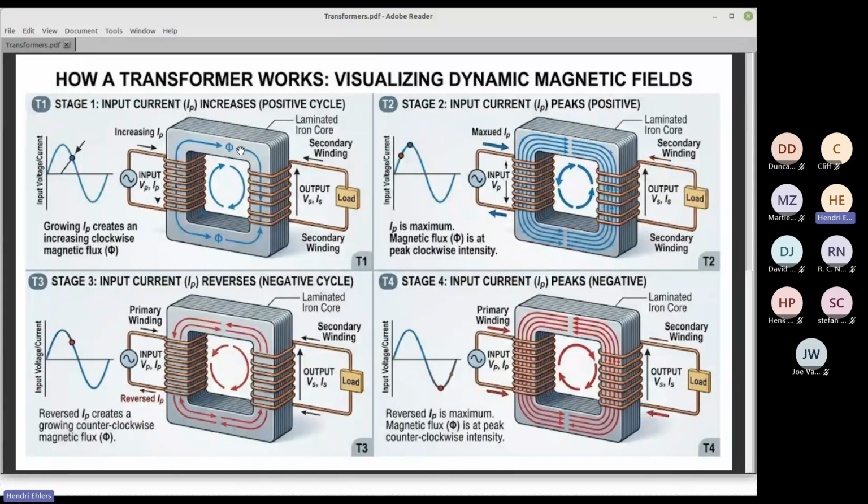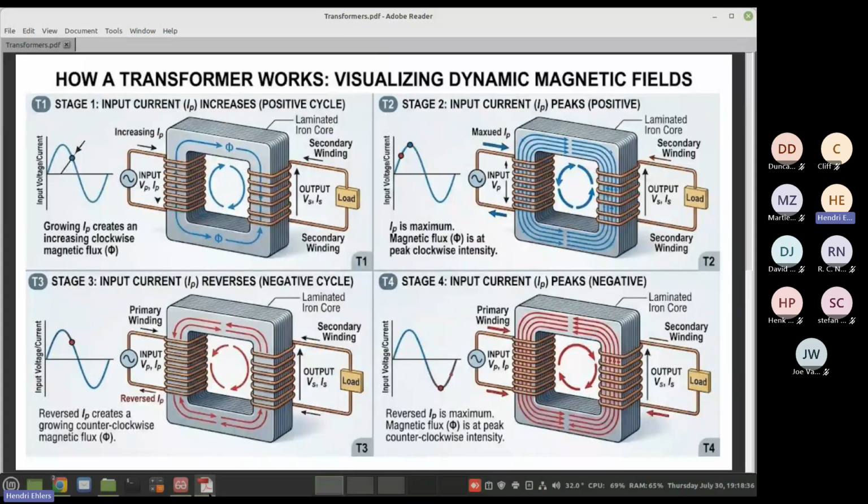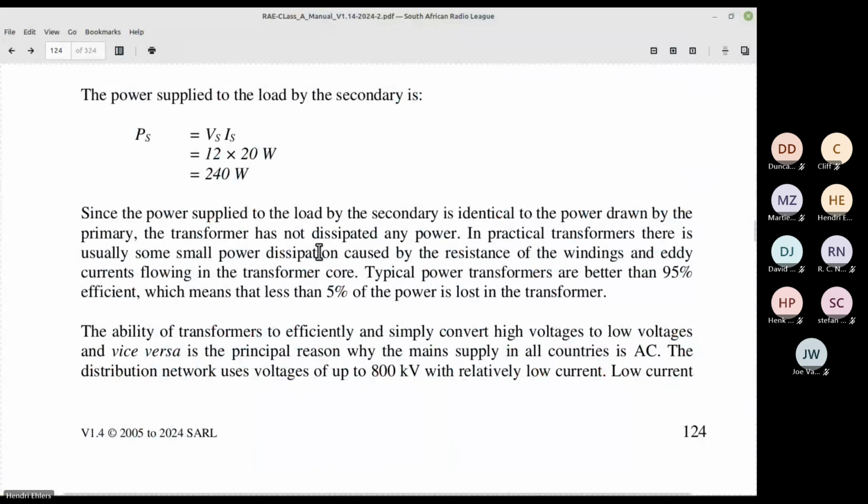So that's the biggest culprit in a transformer, eddy currents. And they say 95%, which means that less than 5% of the power is lost in the transformer. It's a very good transformer.